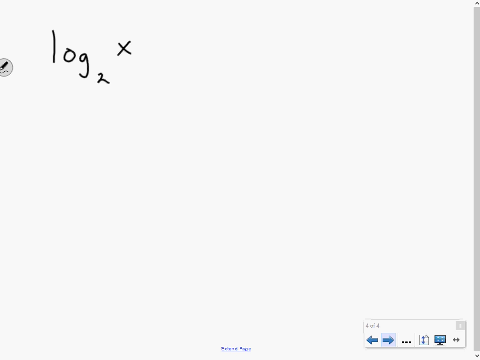Your calculator only has log base 10 built into it. If I want to graph log base 2 of x, I need to use my change of base formula. I can graph log of x divided by log base 10 of 2. Those are the same thing. So that's your workaround for how you can graph those logarithmic functions in your calculator.